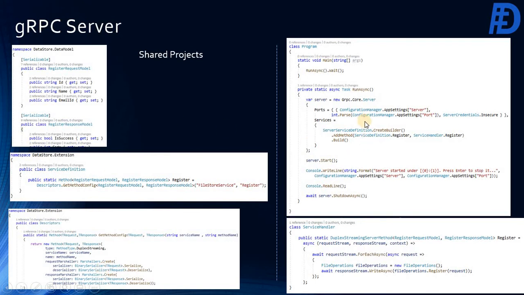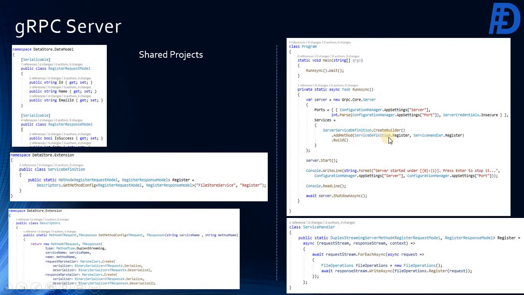Now, opening or listening on a port in the server is quite different. Here you can see Grpc.Core is installed in my server. It's a NuGet package you have to install, and you have to give your port and your server IP address, and add the service definition in the server's service definition binding.